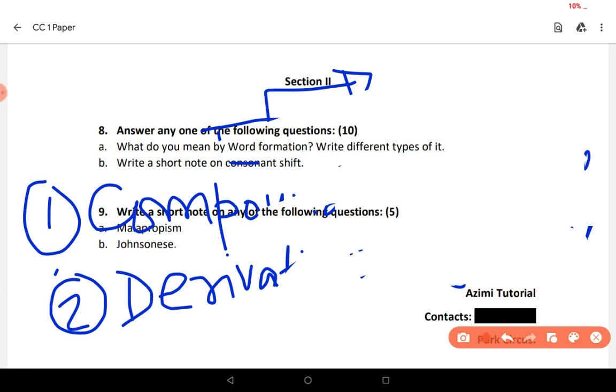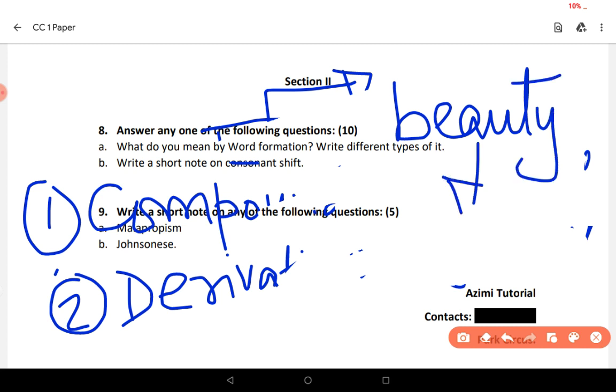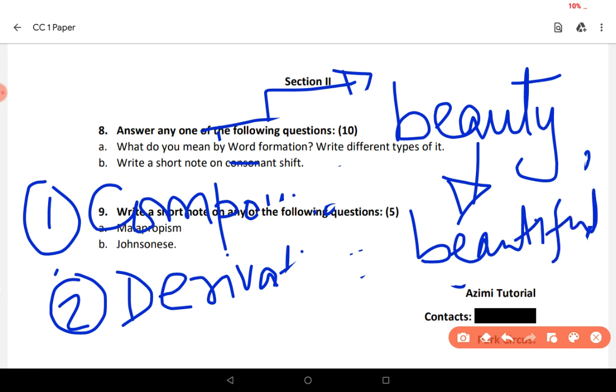Suppose there is a word called beauty. Okay, from beauty, what do you get? You get beautiful. So the root word is beauty. You're not changing the root, you're just adding the suffix. Similarly, sometimes you add a prefix to it. So accordingly, these are called derivation. You're deriving new words. Okay, pure, purity, use, useful. Okay, regardless, from regard. All these are examples of derivation.